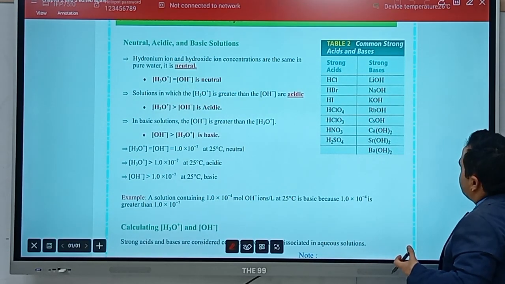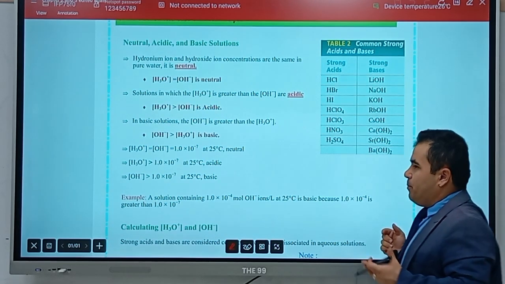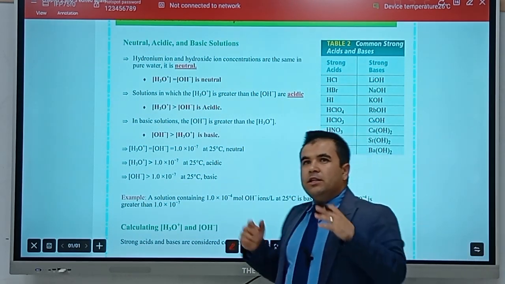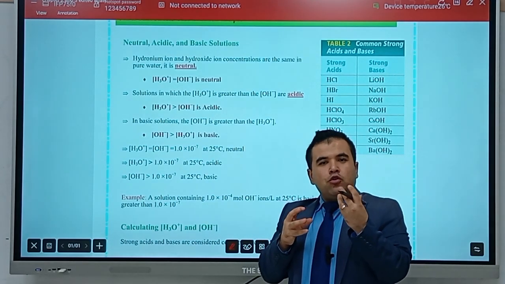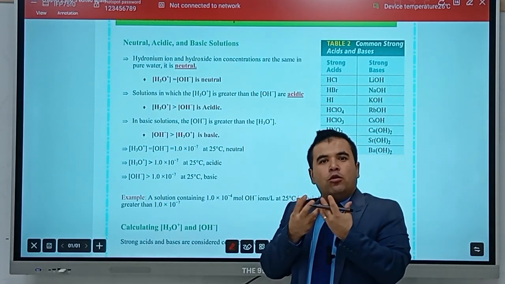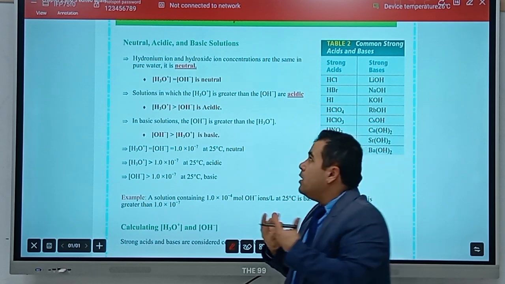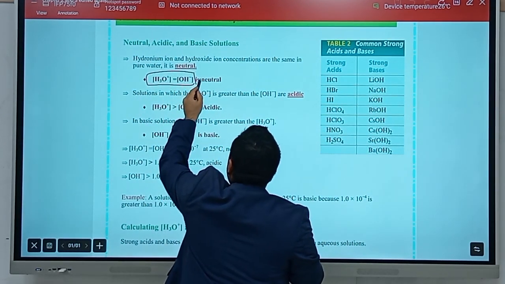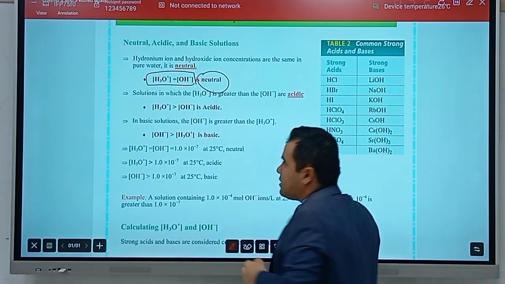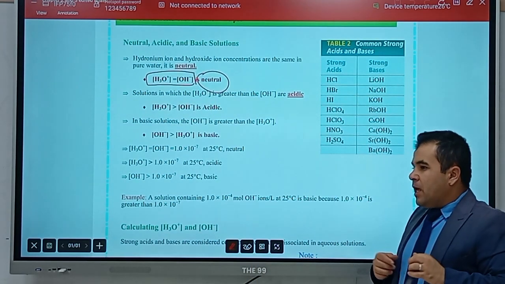But here we will show how to differentiate between them. Simply, guys, the neutral solutions are those solutions in which the concentration of hydronium and hydroxide is equal in the medium. So whenever the concentration of hydronium and hydroxide is equal, the solution becomes a neutral solution.